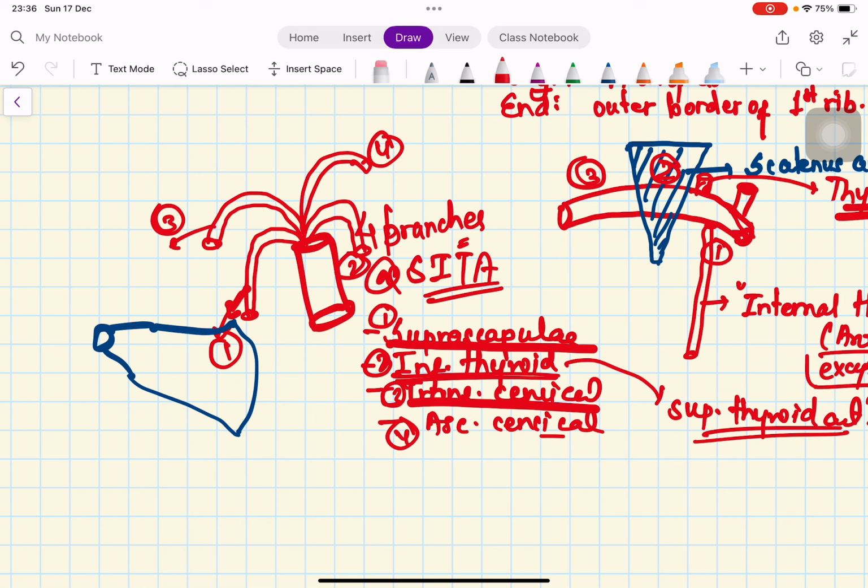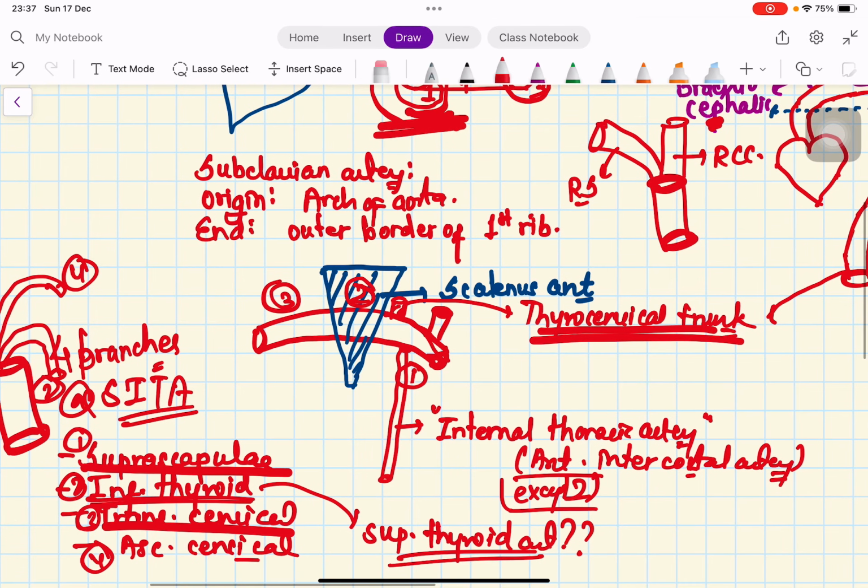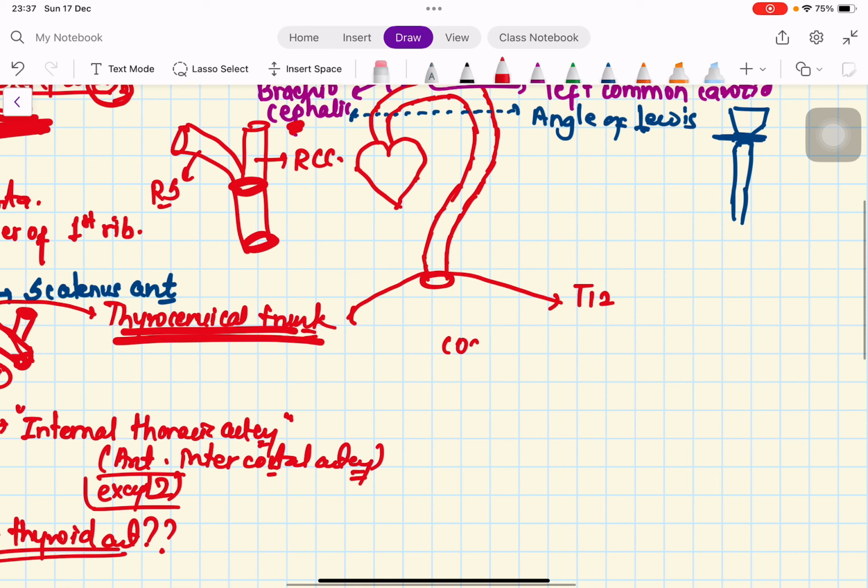Now let's talk furthermore. Where was I? I was here, in the subclavian artery. From the posterior part, there originates one artery, and do you know what that artery is? That is called the costocervical trunk.